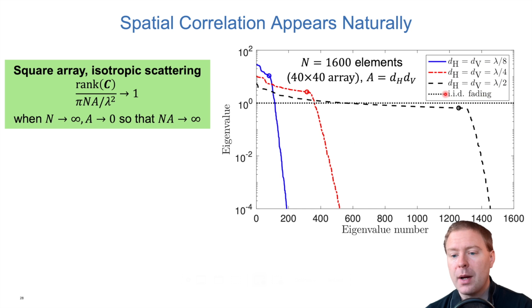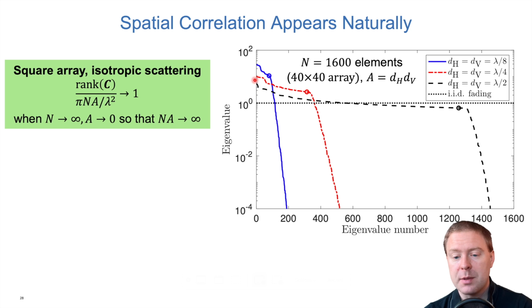So if I would be having IID Rayleigh fading in a case with 1600 elements, so a 40 by 40 element array, then I will have all the eigenvalues of the covariance matrix equal to 1. But if I have a lambda over 2 spacing, you see that I'm showing here the eigenvalues in order number and their values.